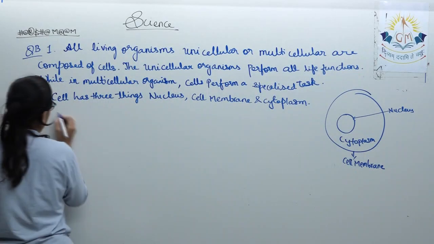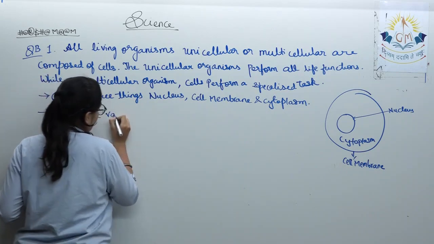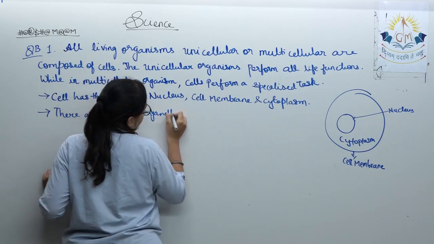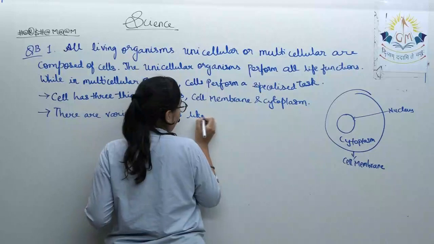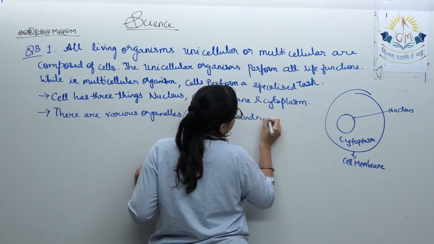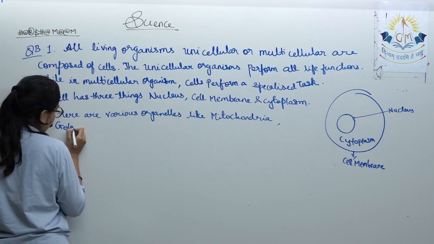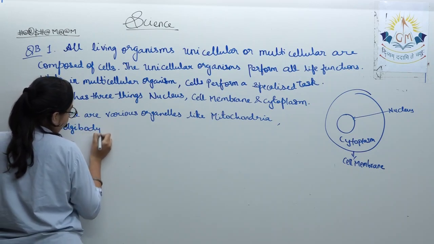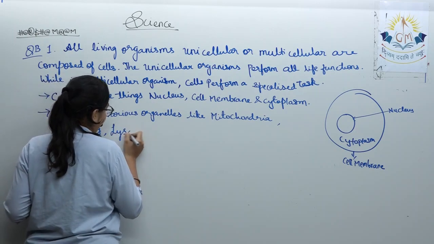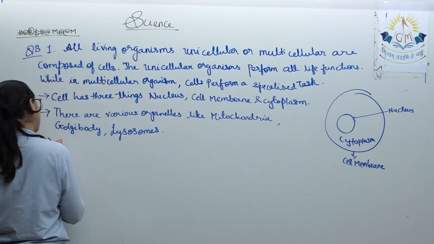There are various organelles like mitochondria, Golgi body, and lysosomes that are present in the cell.